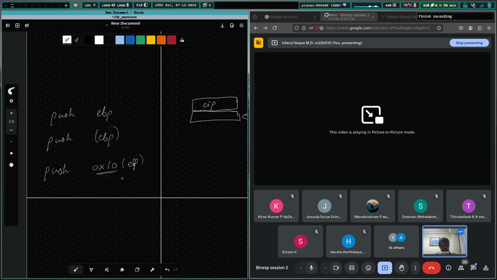Manu, which part is unclear in this, or do you not remember them? The third one. Third one, okay. So you remember this, right? Yeah, dereferences. So this is basically subtract before dereferencing.